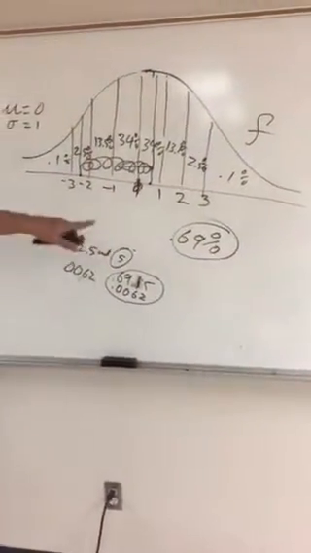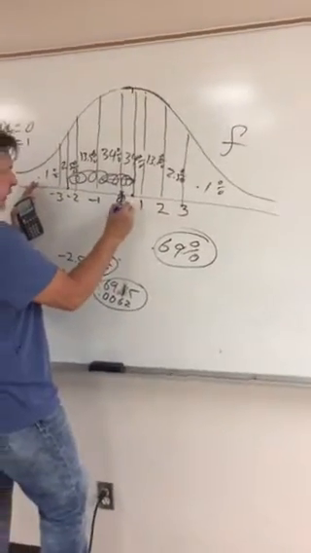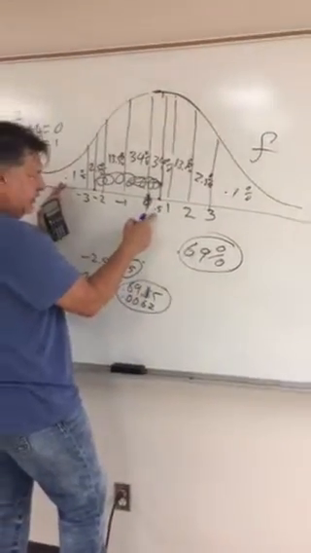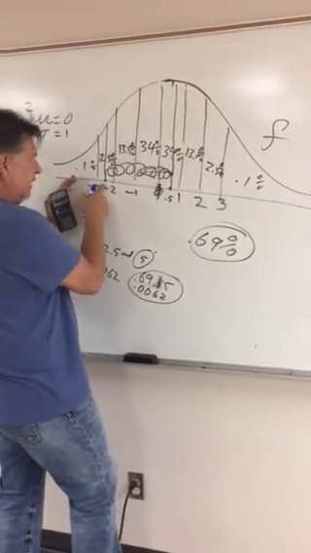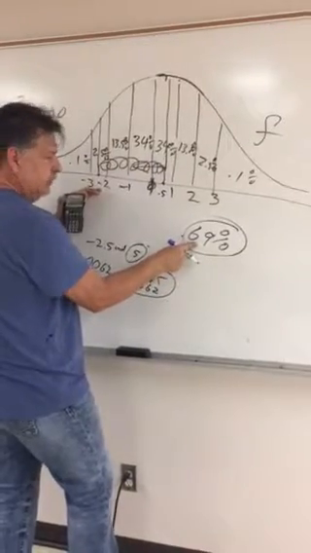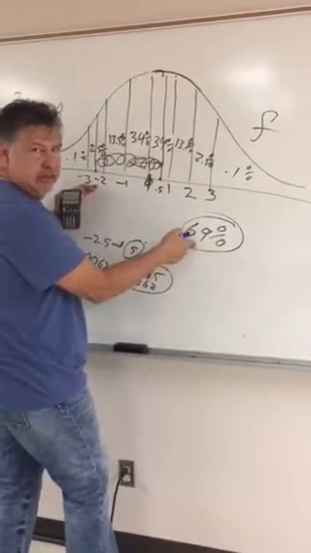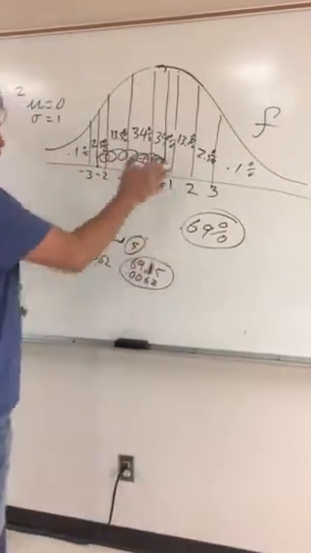So all the area between this Z value of 0.5 standard deviations and this value of negative 2.5 standard deviations, all that area accounts for 69% of that total 100% of the distribution of scores.